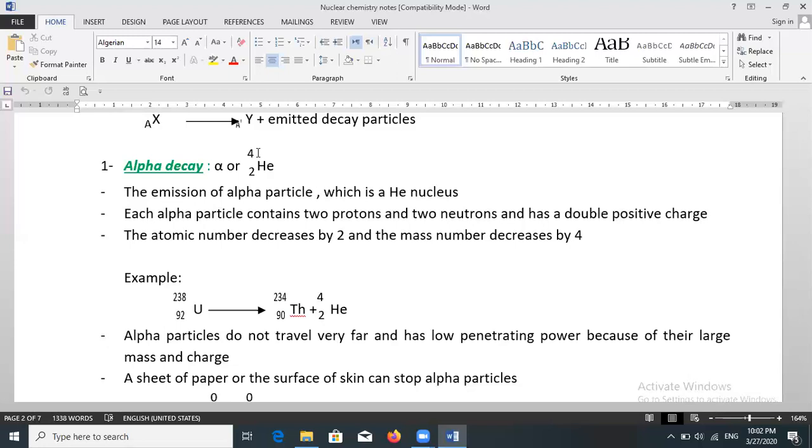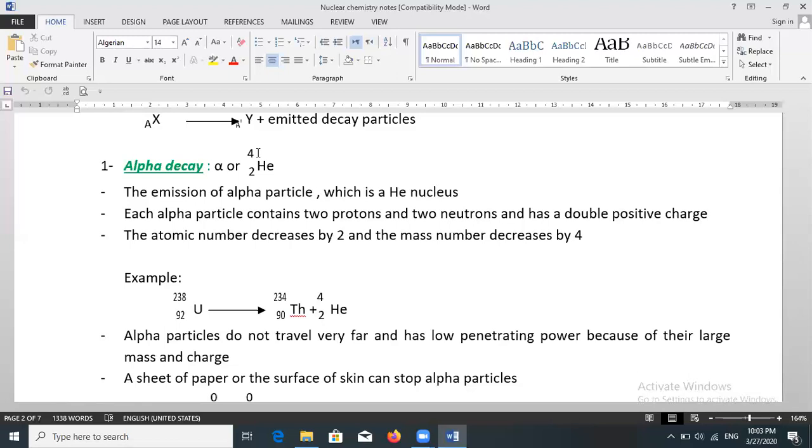Each helium particle has a mass of 4 atomic mass units, so it's considered to be heavy. And at the same time, it has a charge. So both the mass and the charge make alpha radiation have a low penetration power.